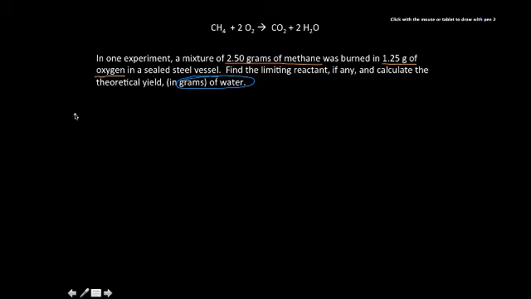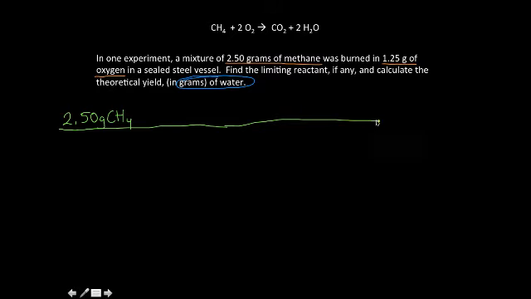I could start with my 2.50 grams of CH4, and that's going to be used to make a gram to gram conversion bridge. Because we've already talked about gram to gram conversion bridges, I'm not going to spend a whole lot of time on it because you guys should already know how to do it. I'm just going to show you how to use those to determine the limiting reactant and the theoretical yield.